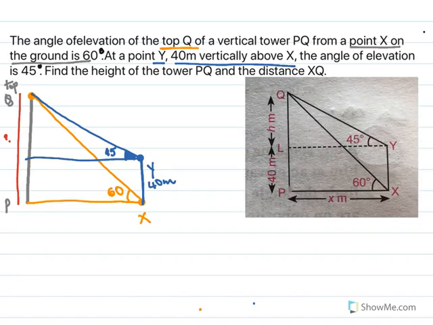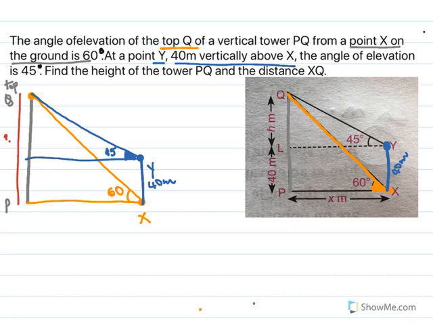So here's a diagram. We have PQ as a tower. Then from there we have a point X, and from X we are looking at the top of the tower. Here I'm making an angle of 60 degrees. And then we go up 40 meters to a point Y. So this is 40 meters.